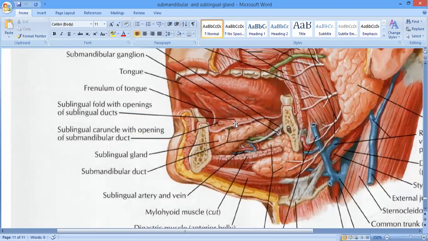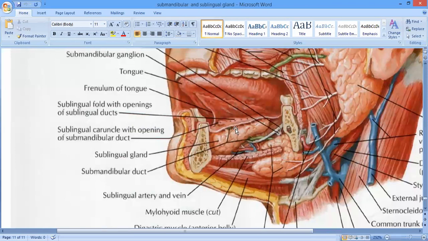Which are going to directly open into the floor of the mouth. You can see, मैंने आपको बताया था ना sublingual fold के ऊपर, there you can see these multiple small openings, and these are the openings of the ducts. You can see the ducts of the gland coming out of the gland, and they're going to open directly into the floor of the mouth. So these 10 to 15 ducts are going to open directly into the floor of the mouth.